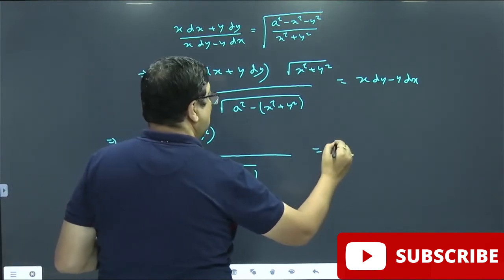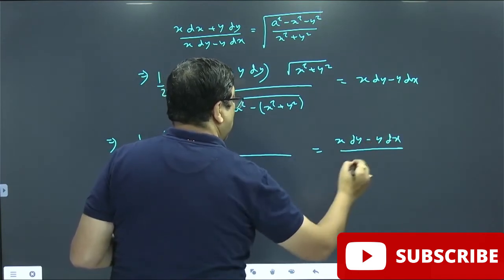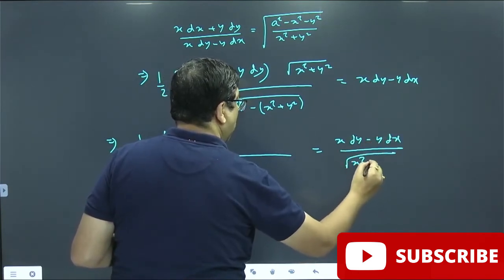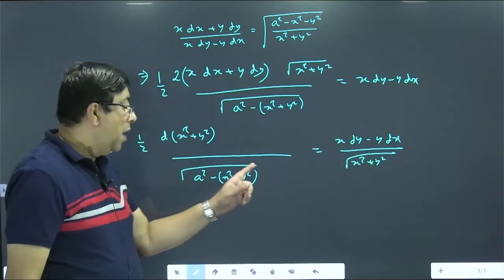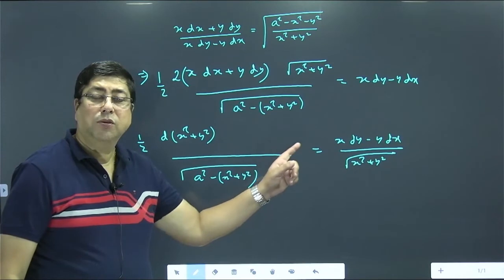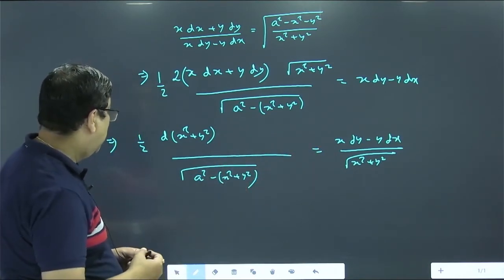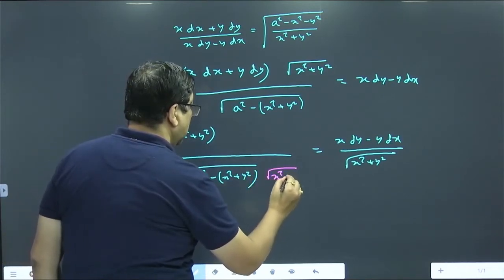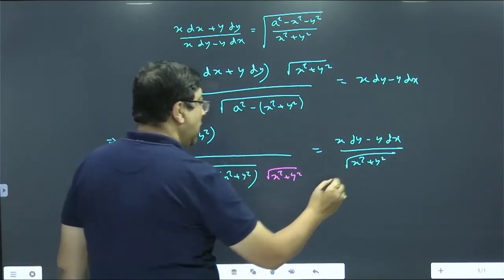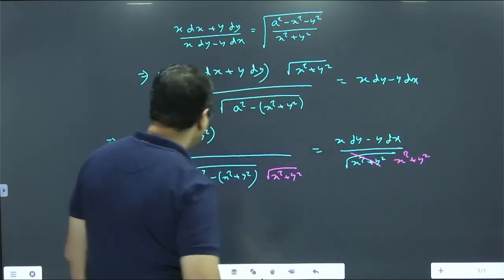So I am taking x dy minus y dx by root over x square plus y square. I am multiplying root over x square plus y square on both sides. So it is coming to be x square plus y square, and this is coming x square plus y square.